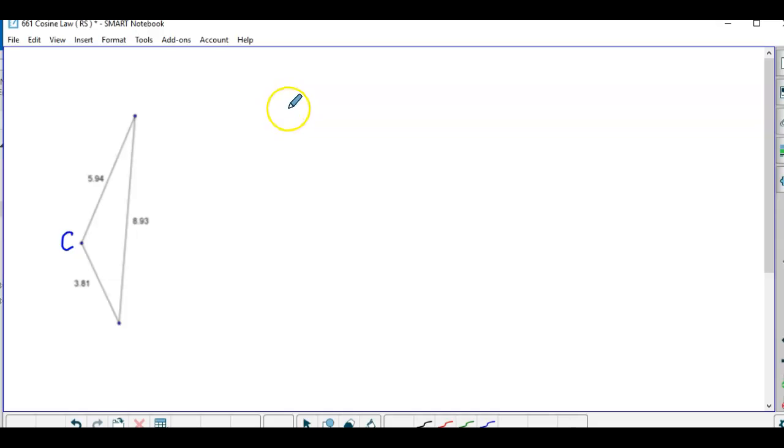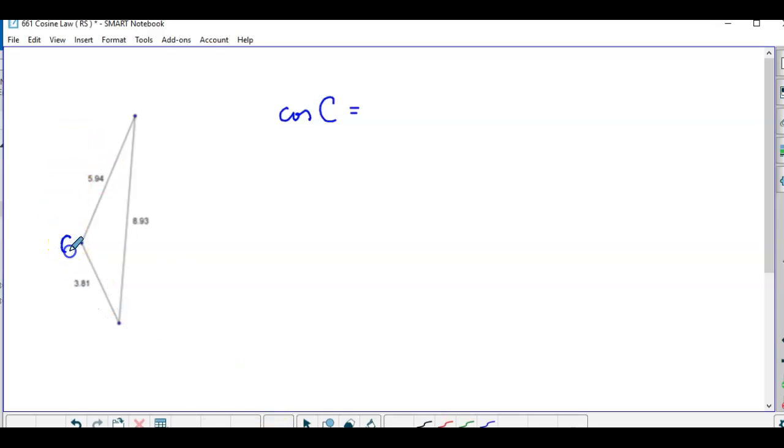So here, that'll be cos of C equals, now the sides that form C are your A's and B's. Oh, that's not very straight, but you kind of get what I'm talking about there. I'm just going to erase that.